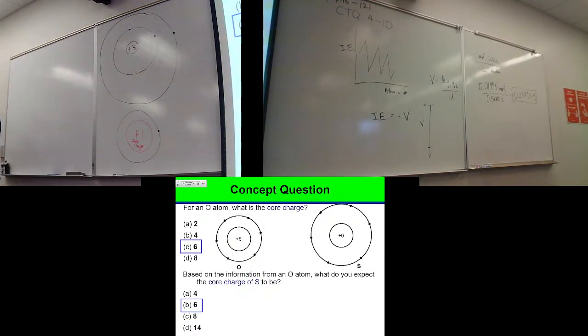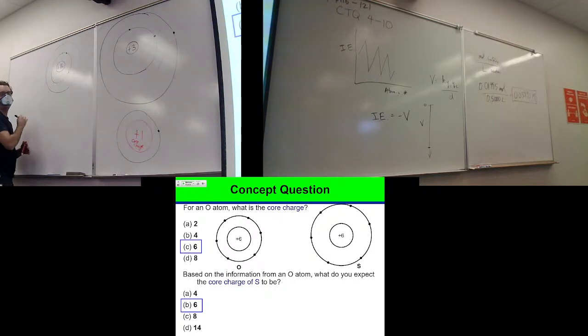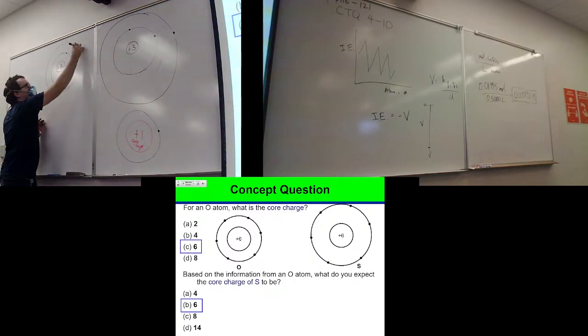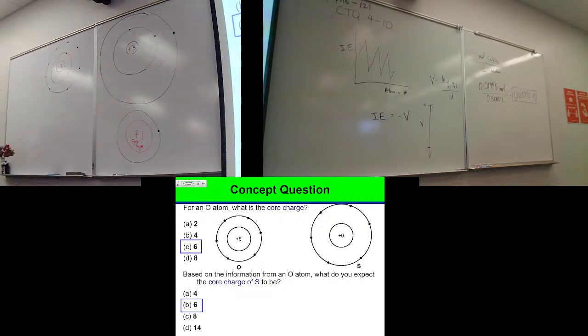We can calculate it really quickly. So let's do the shell model for sulfur. It's 16 protons at the nucleus, and then it's got 16 electrons. So 2 in the first shell. Not enough. We're going to fill the second shell. It's got 8 total. That's the pattern. 8 possible. Still not enough. So I've got 10 electrons.